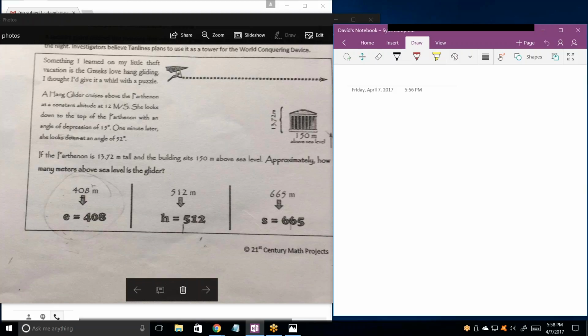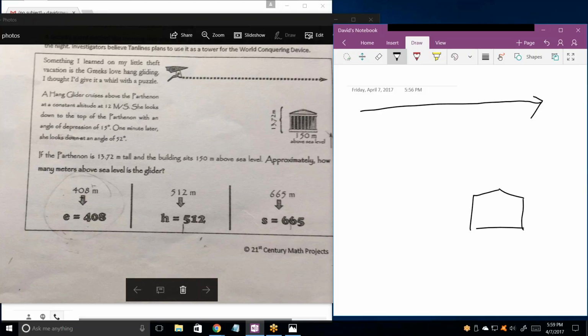So the hang glider is cruising this direction, and we've got the Parthenon down here, and it's at a constant altitude of... surely they didn't mean... well, maybe they did.